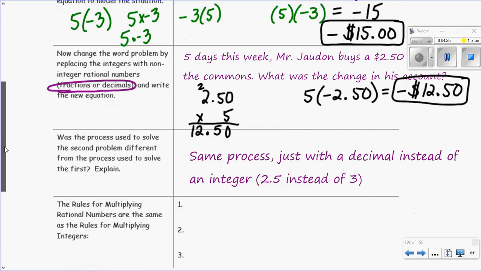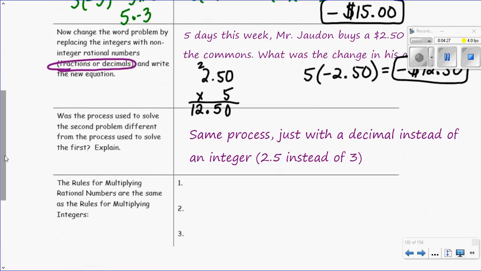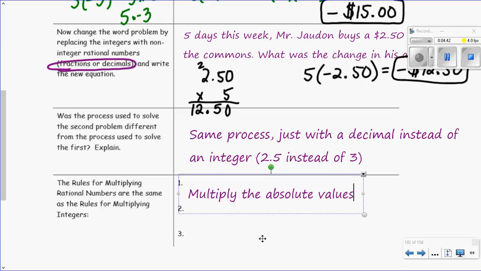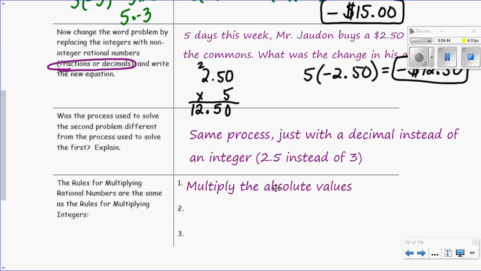So the rules for multiplying rational numbers are the same as the rules for multiplying integers. So the first thing we do is multiply the absolute values.